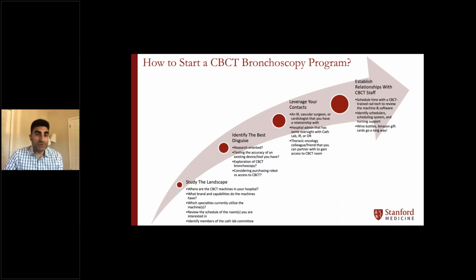Find out which specialties currently utilize these machines. They tend to be usually interventional radiology, vascular surgery, or interventional cardiology. But it's good to know which players are involved. Then, this is very important, go through the schedule of all these rooms and try to find out which machines are actually being used for cone beam CT purposes.